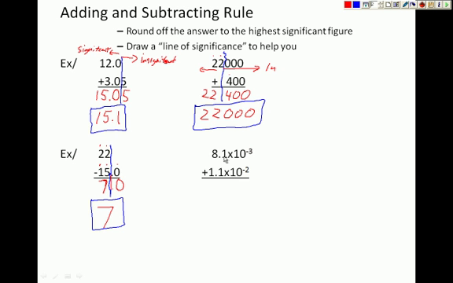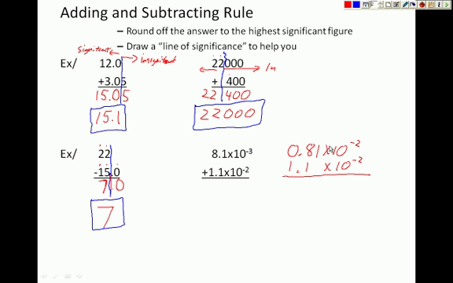So I'm going to change 8.1 times 10 to the minus 3 to 0.81 times 10 to the minus 2, and then I'm going to keep this number the same. So I'm going to keep this as 1.1 times 10 to the minus 2.